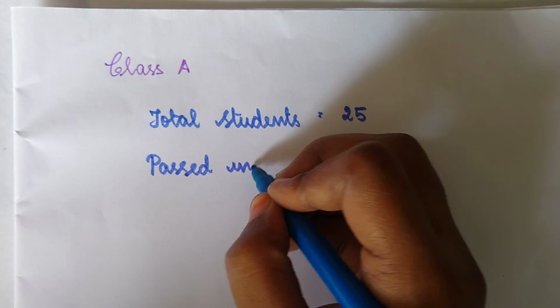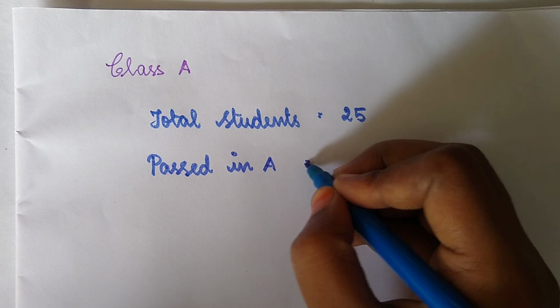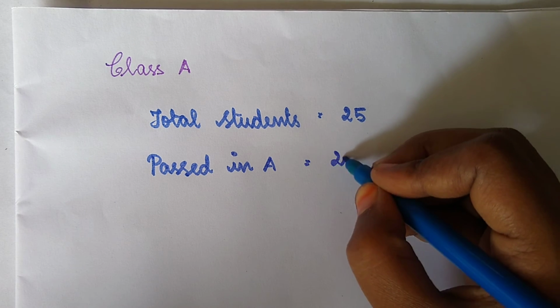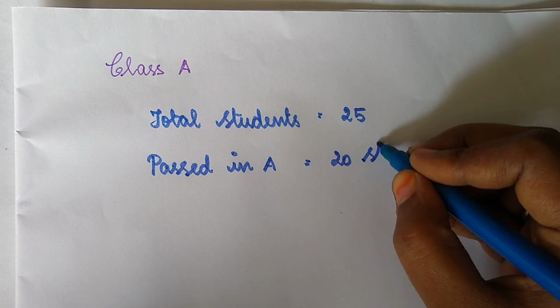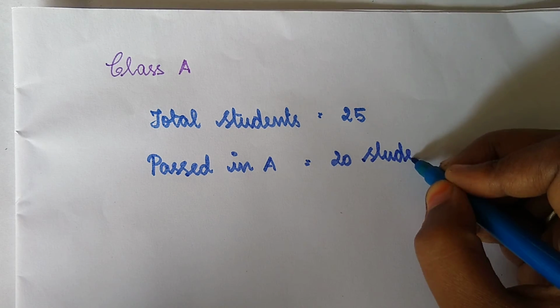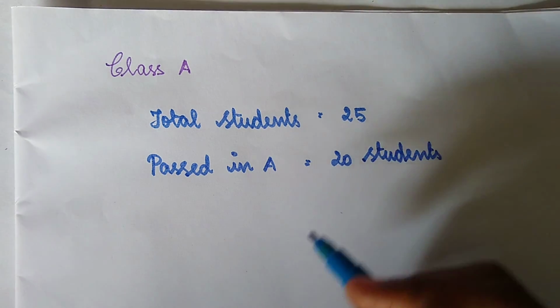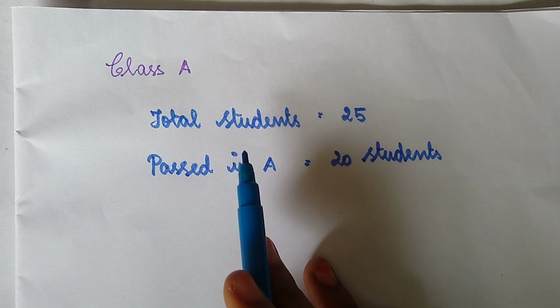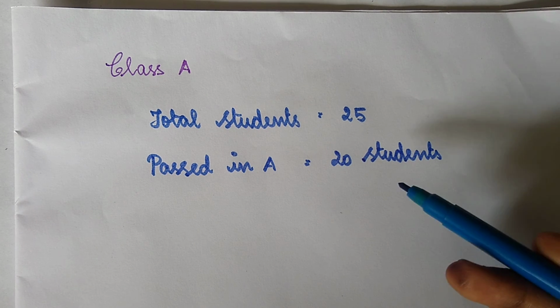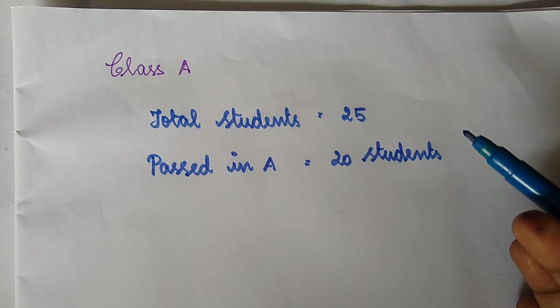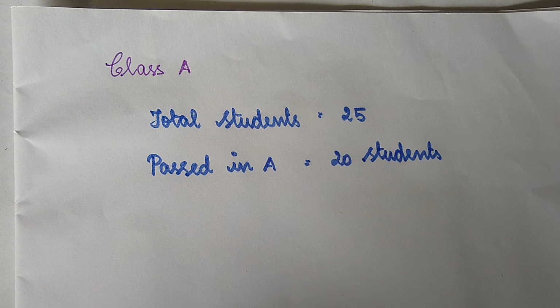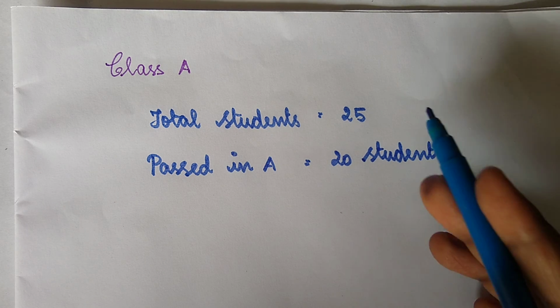First class in A equal to 20 students out of 25. Okay, so in class A, 20 students passed in first class out of 25 students.